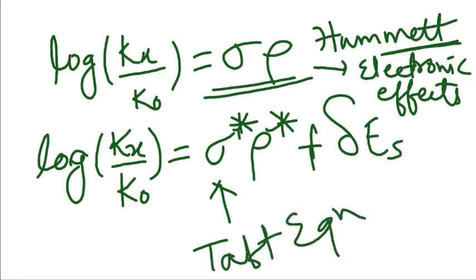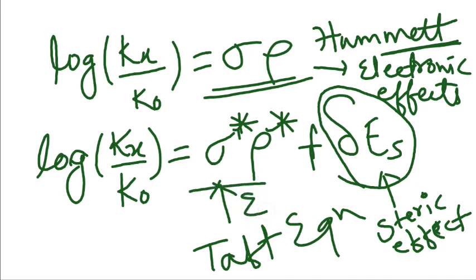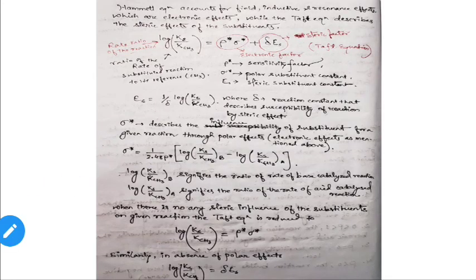He introduced this term delta Es, the steric factor. That means it has arisen due to the steric effect, completely steric. The first part is the electronic effect, and the second part, delta, is called a reaction constant that describes the susceptibility of the reaction to steric effects.